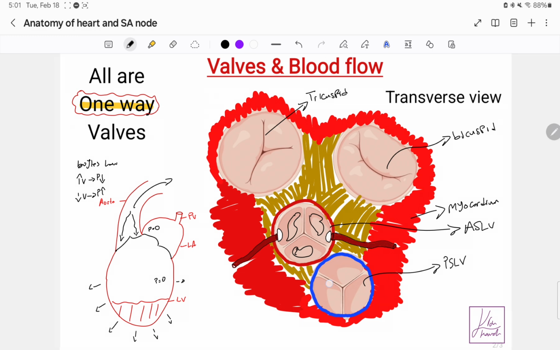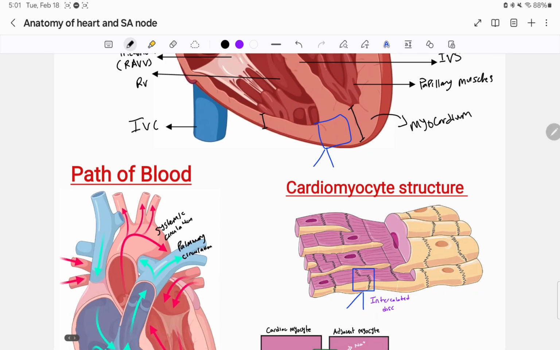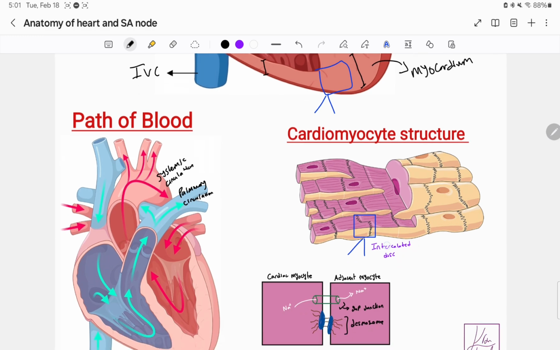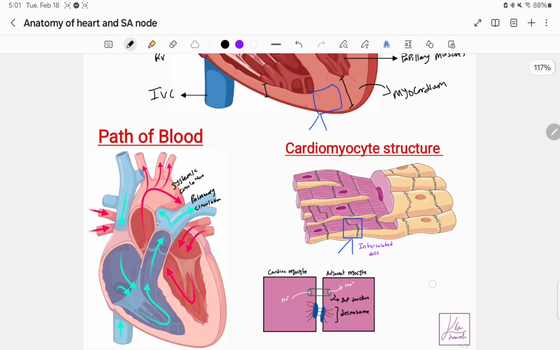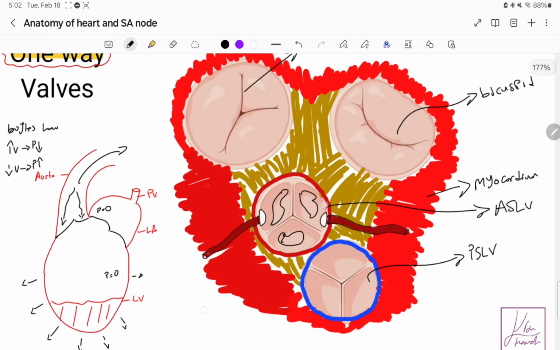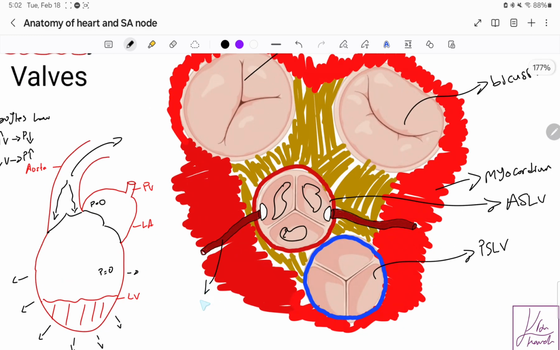Because remember, in the previous slide, we talked about the systemic circulation, where we bring blood to everywhere else in the body. Then we talked about the pulmonary circulation, where we actually bring blood to the lungs. But now we got to talk about the actual coronary circulation, okay? And the coronary circulation involves these coronary arteries.